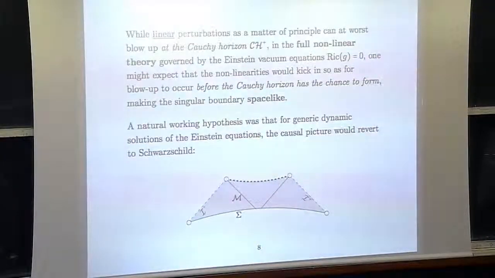So let me make an additional comment, which is the following. Of course, linear equations on a globally hyperbolic background can only blow up asymptotically. Okay, so in linear theory, you know a priori that the worst that can happen is somehow linear perturbations blow up in some sense asymptotically at the Cauchy horizon.